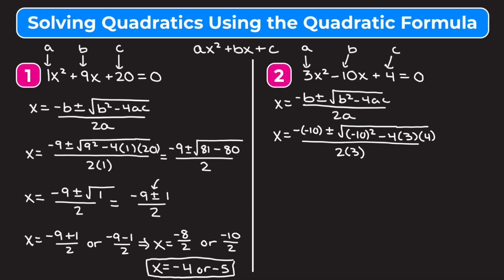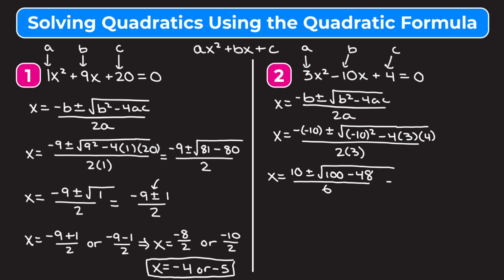And now we're just going to start to simplify this. So negative 10 is positive 10, plus or minus the square root. Negative 10 squared is positive 100, because a negative times a negative is a positive. And then negative 4 times 3 is negative 12, times 4 is going to give us a negative 48. And this is all over 2 times 3, which is 6.